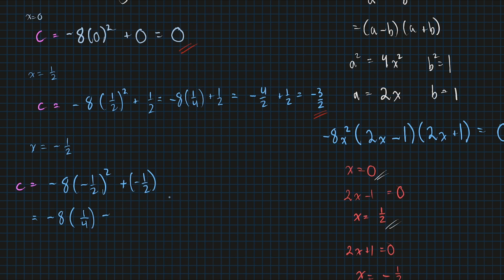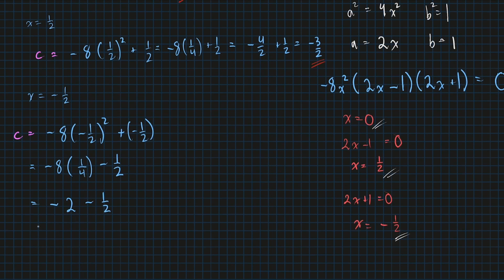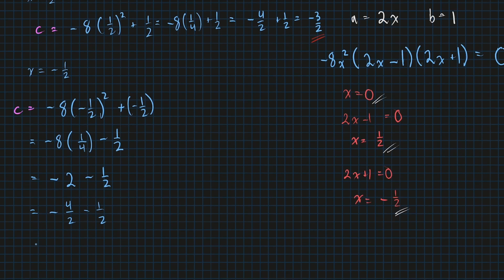We are subtracting negative 1 over 2. So this becomes negative 8 divided by 4 is negative 2, minus 1/2. We get negative 2 is really negative 4 over 2 minus 1/2. And this is negative 5 over 2. And that is our final answer.